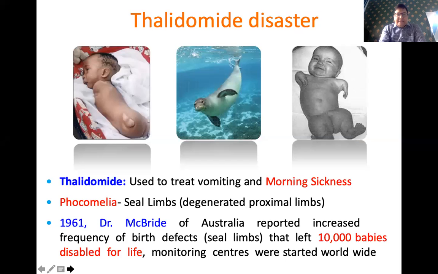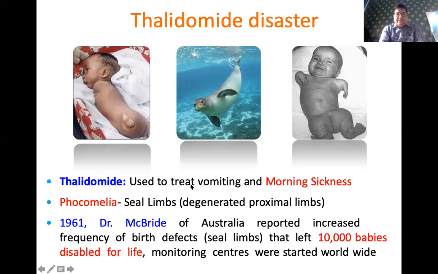Coming back to 1961, you must have heard about the thalidomide disaster. It occurred because of the use of a drug known as thalidomide in pregnant females, and the indication for the use of this drug was vomiting and morning sickness.